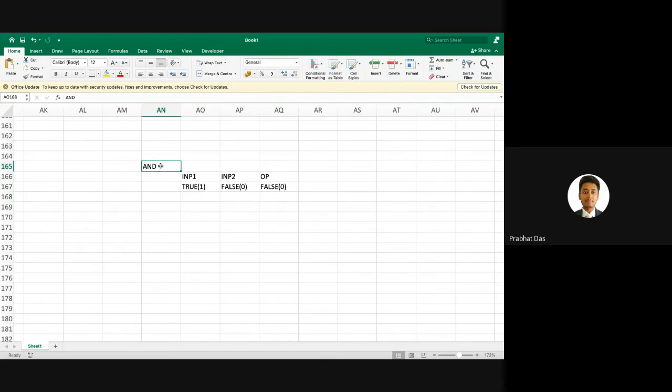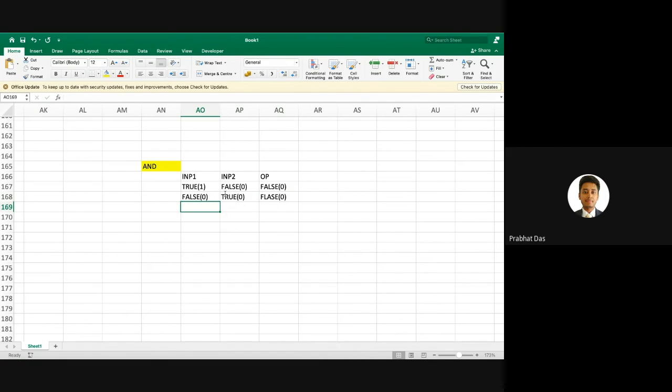Here we are trying to understand the AND operation. If you're passing a true value and a false value, we'll definitely get the output as false. And if you're passing a false value and a true value, vice versa of the previous one, you also get the output as false.